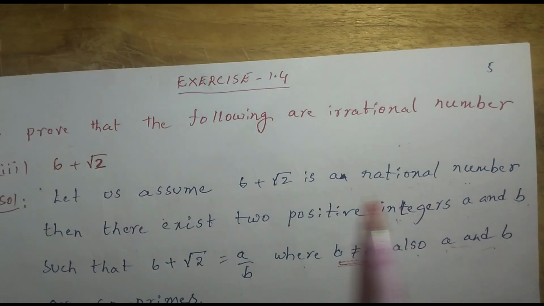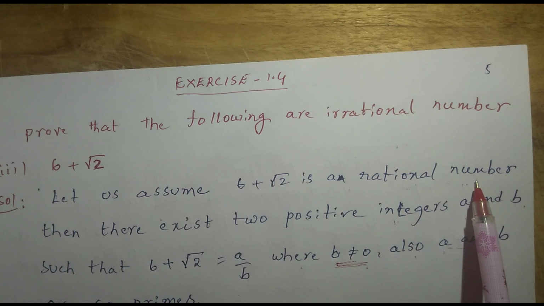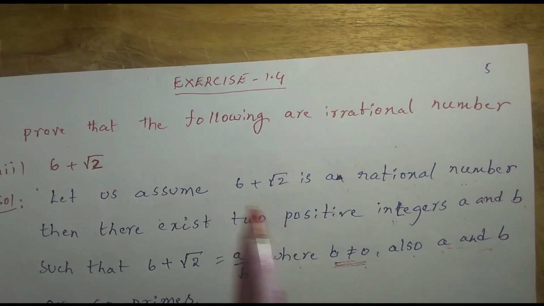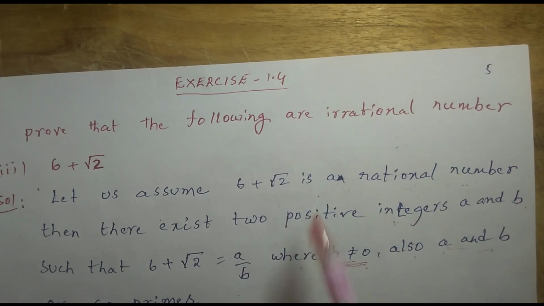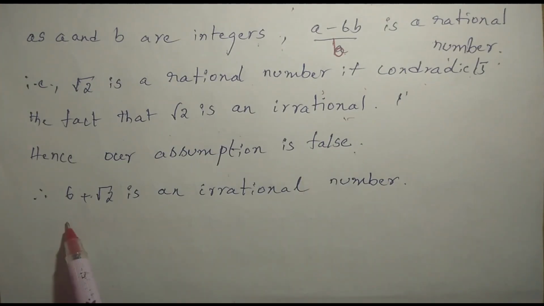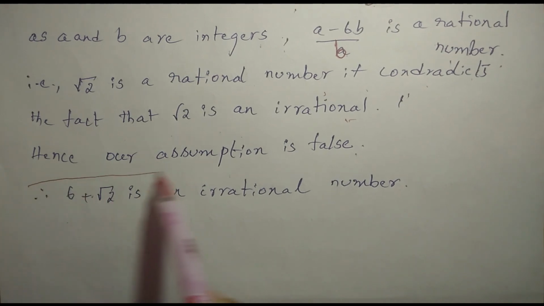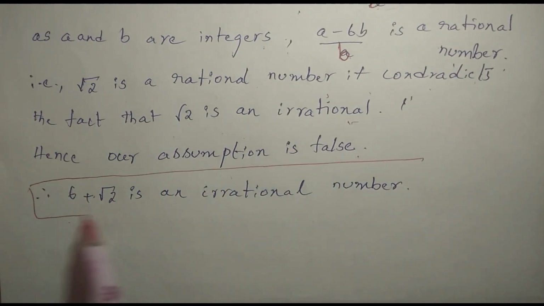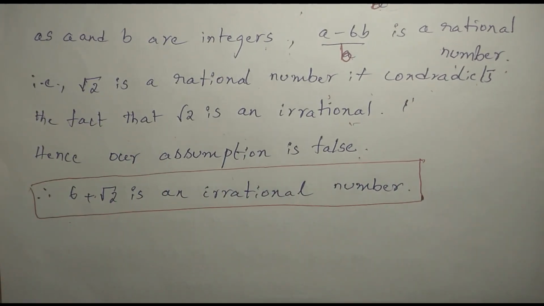This is wrong. So our assumption is proved wrong. Then 6 plus √2 is an irrational number.